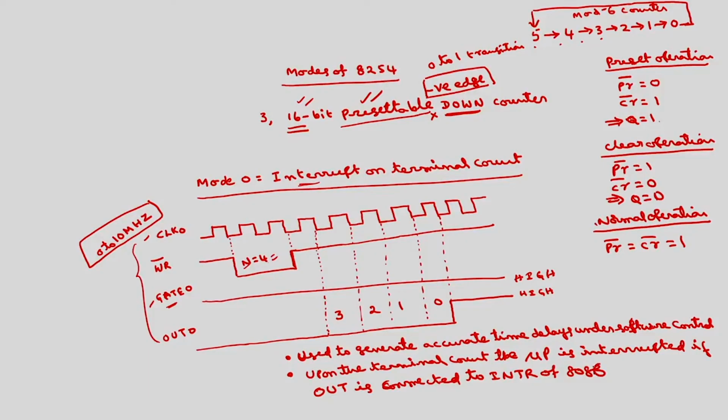I will give some examples so that this operation will be clear. Example 1: what value has to be loaded? The value to be loaded depends upon the time delay that we want. So we have to load the appropriate count value. The desired delay will be decided by the count value.